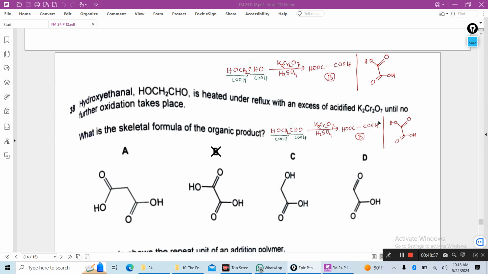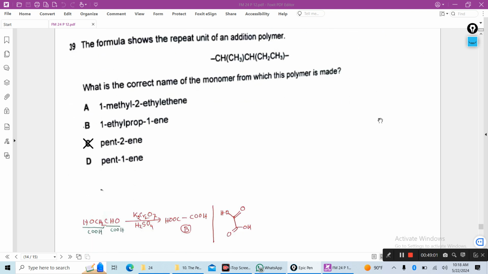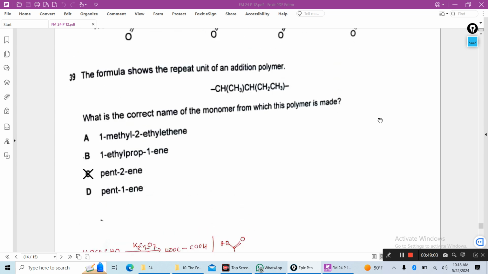Next, 39. The formula shows the repeat unit of an addition polymer, CH, CH3, CH, CH2, CH3. What is the correct name of the monomer?